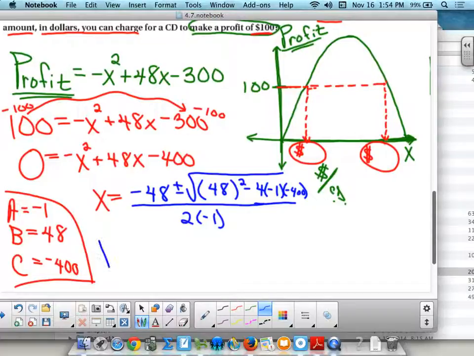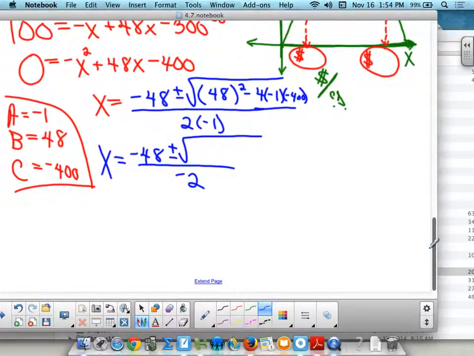First number I never worry about because most students never get that one wrong, or the bottom one. So where do they go wrong? Inside. They get the inside wrong. So what's 48 squared, somebody? 2,304. What's a negative times a negative times a negative?